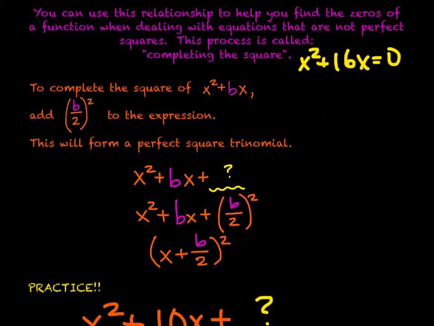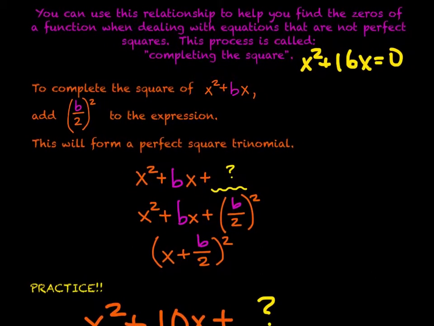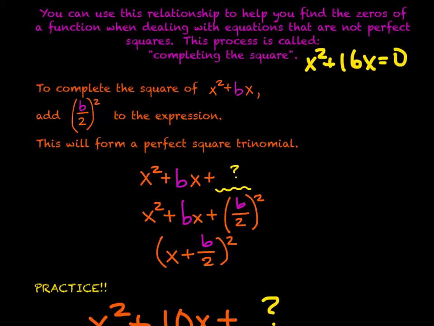To complete the square of x squared plus bx, we can add b divided by 2, squared. We take that b from our x term, divide it by 2, and square it. This will form a perfect square trinomial.